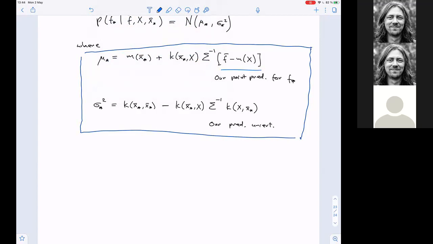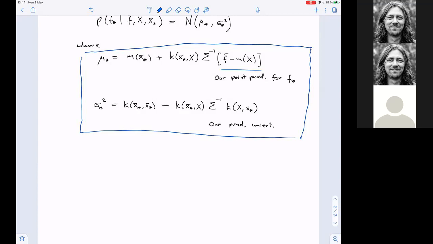So what you expected the training point to look like before looking at the training points, the function value, that's your M of X. And then it takes the actual true values at the training points. Those are the f vector. So it's effectively taking a vector that measures, at every point in my training set, how much the true function was shifted from my central prior expectation.